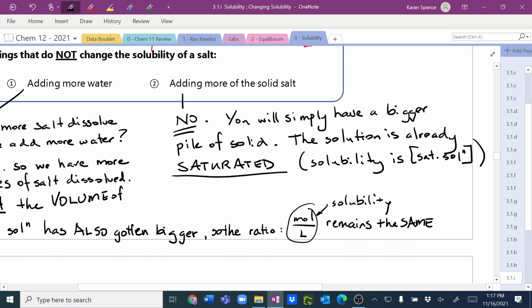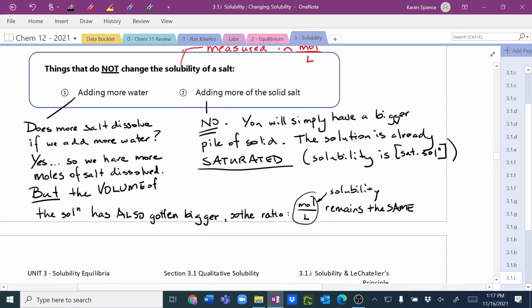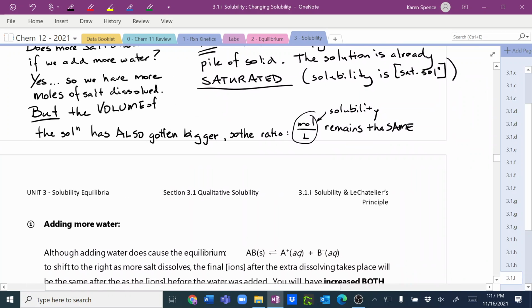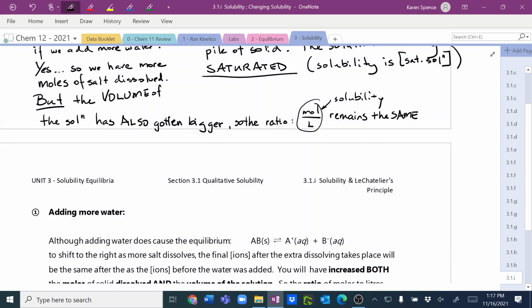I do have a question for you though. This is interesting. And we're going to talk about rates, because let's review Unit 1 as well. If I add more solid, so I have a bigger pile of solid, what's going to happen to the rate of dissolving and the rate of recrystallization?